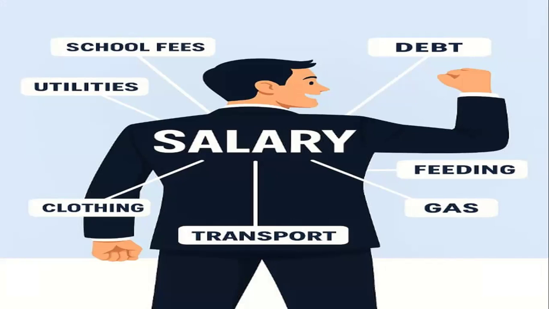Some people's August salary is gone, because some companies started paying from the 22nd, 23rd, 24th, 26th, and today is the 27th. Some will keep paying till the 30th. Some will even pay in the middle of the month. So some people, August salary is gone. That is not life. That is not God's intention for you, ladies and gentlemen.